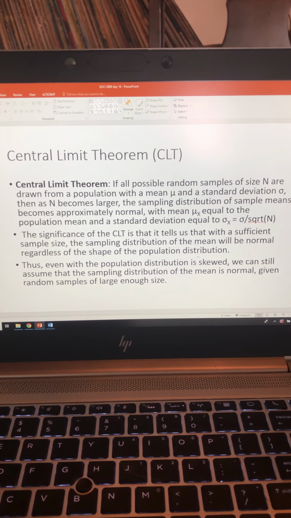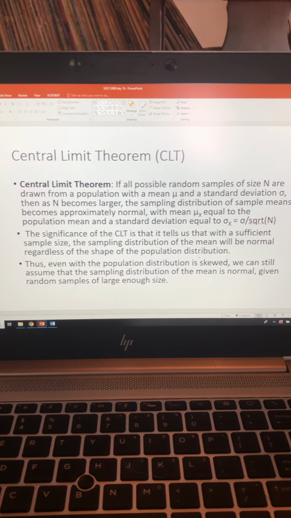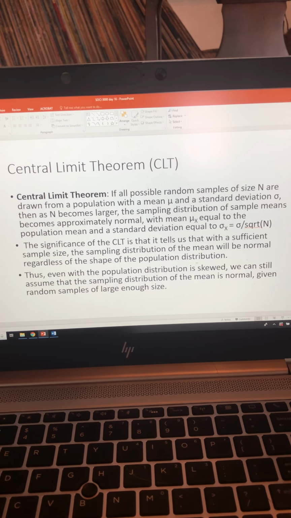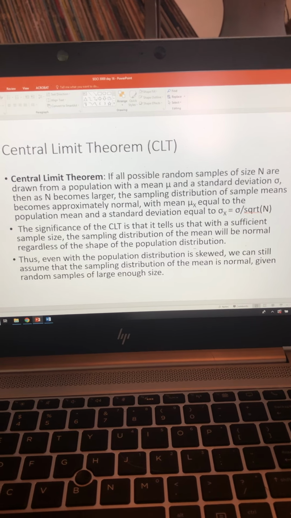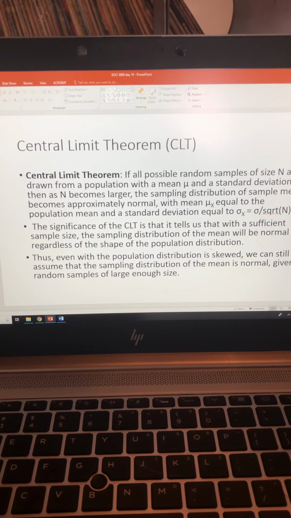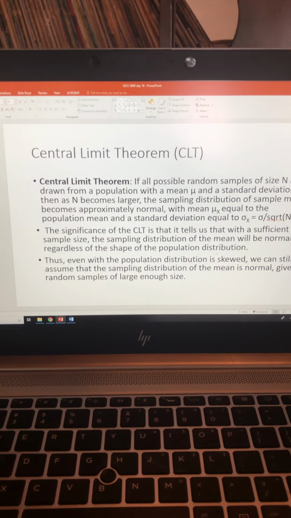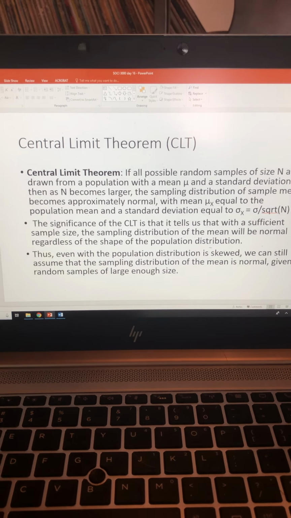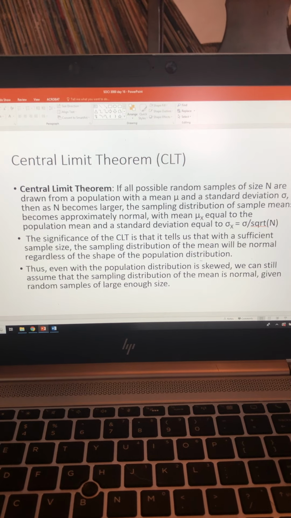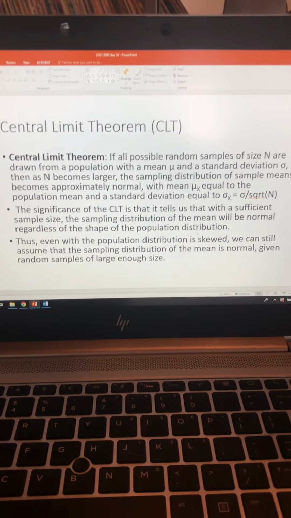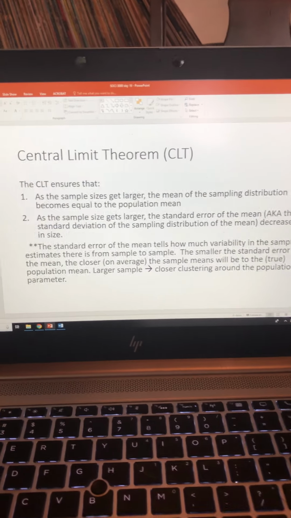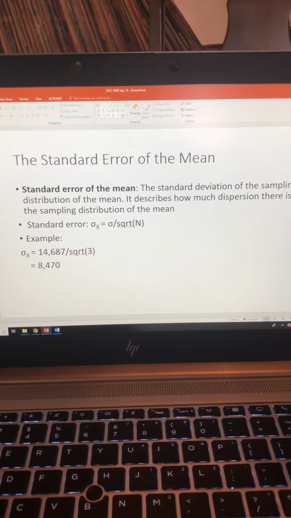If all possible random samples of size n are drawn from a population with a true mean mu and a true standard deviation sigma, then as n becomes larger, the sampling distribution of the sample means becomes approximately normal, with the mean, mu x bar, which is the mean of means, equal to the population mean, and a standard deviation equal to the standard error of the mean.